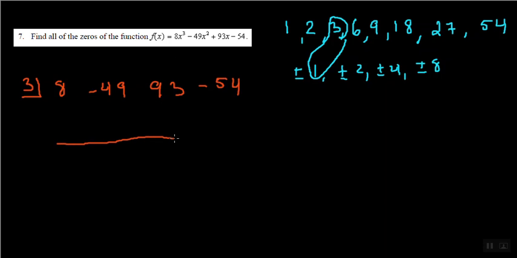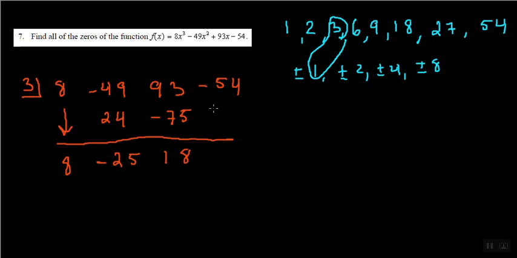So let's put this giant line down here and bring down this 8. So 8 times 3 is 24. Negative 49 plus 24 is negative 25. Negative 25 times 3 is negative 75. Negative 75 plus 93 is going to be 18.